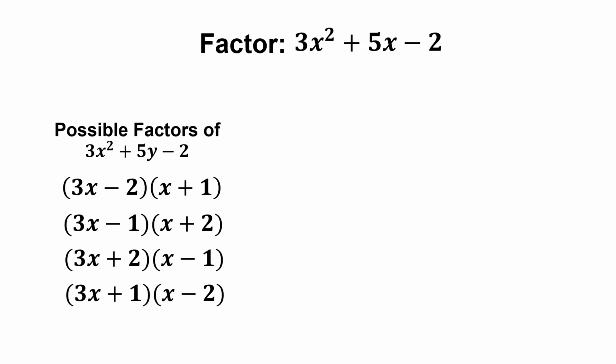Para mapili natin ang tamang factors ng 3x squared plus 5x minus 2, i-test natin ang mga sum ng mga product ng outer terms at product ng inner terms ng dalawang binomial. Ito ay dapat equal sa middle term na 5x. Kunin natin ang product ng outer terms.